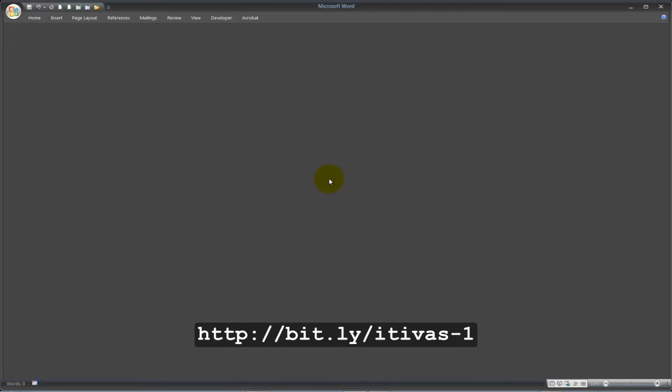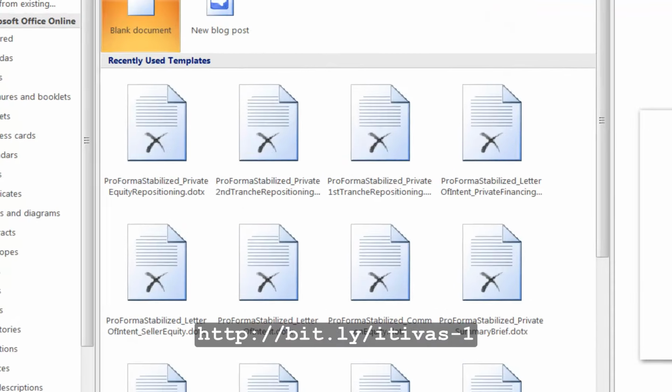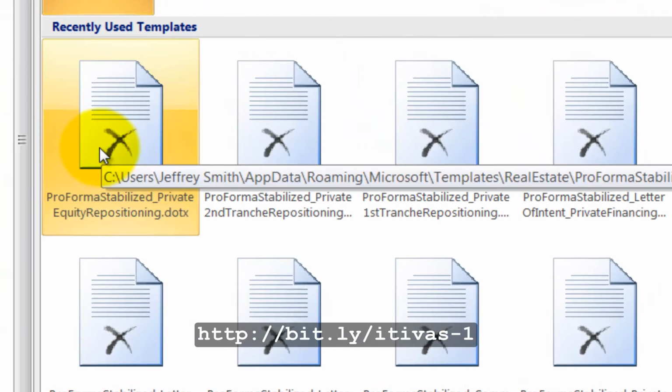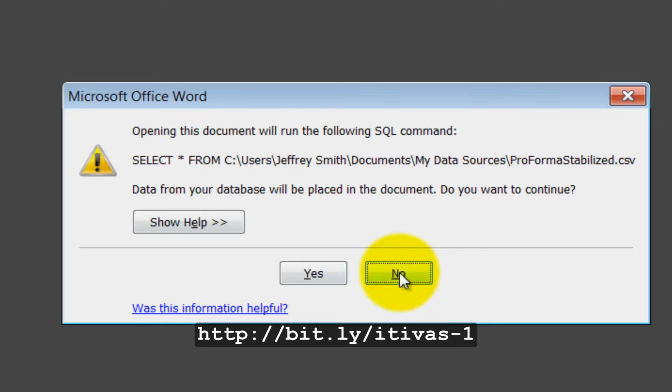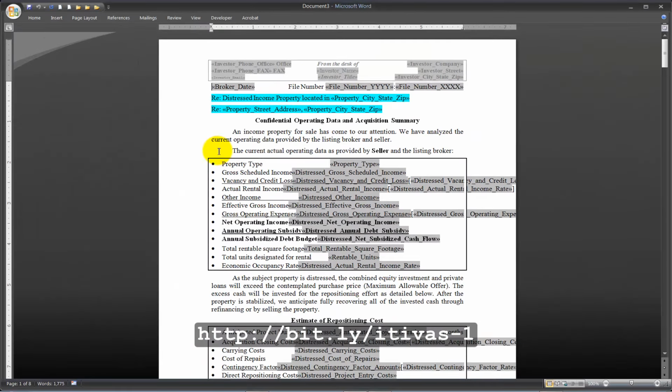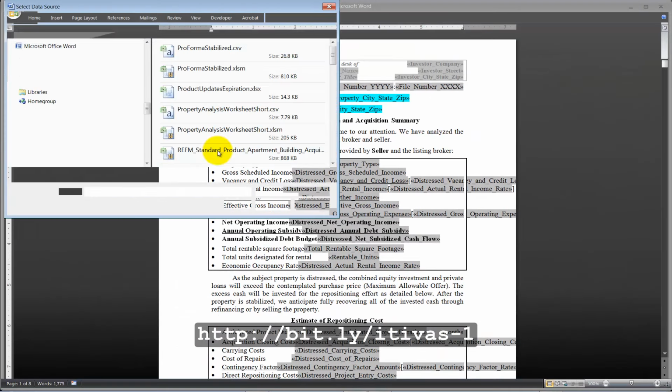Now this is Microsoft Word. The ProFormaStabilized Private Equity Repositioning Mail Merge template. Always select No on this requester because Word is looking in the wrong folder. Alt-MRE.